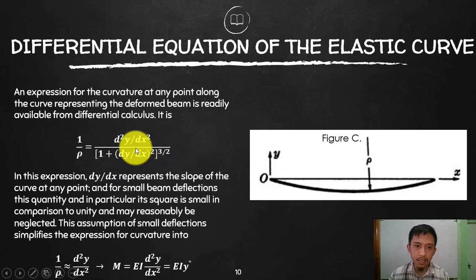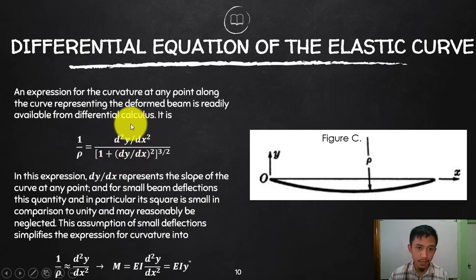We are going to square that very small number, multiplying it again to itself, and it will become a lot smaller than the original value. So compared to 1 it will be negligible, so we can consider that as 0. Then that will be left to 1 raised to 3 halves, so that will remain 1.